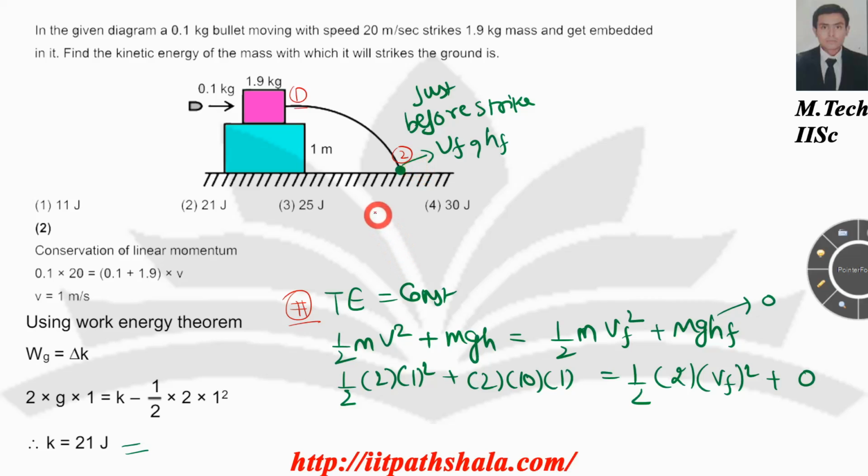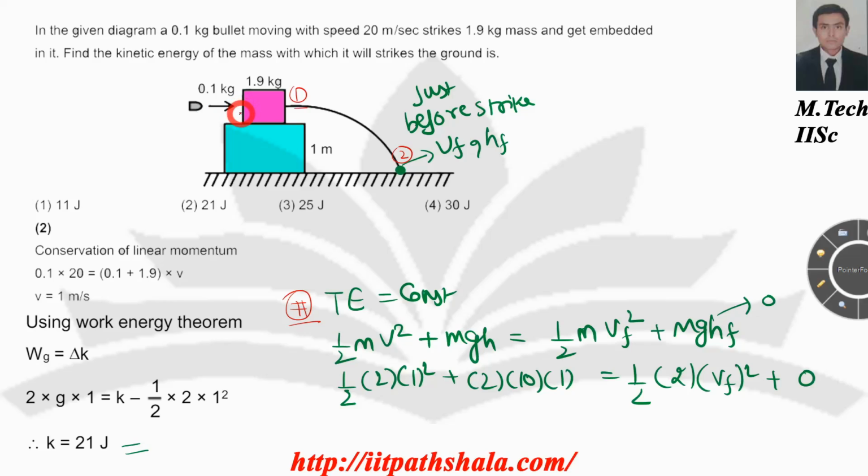Let us talk about the initial case first, where my bullet is hitting my box. To find the kinetic energy of this system, I first have to figure out the velocity of the system after embedding. How can I find it?